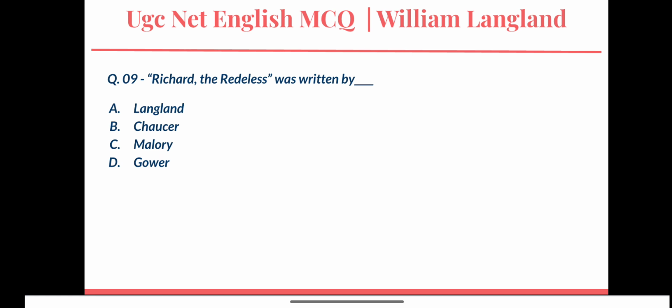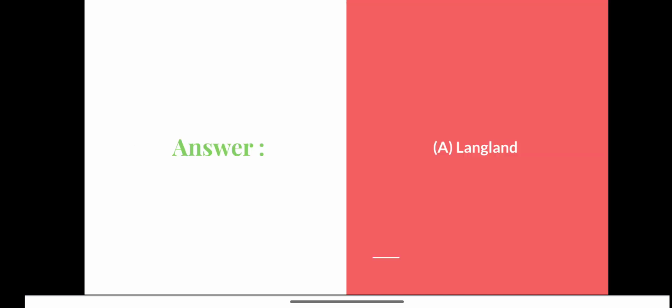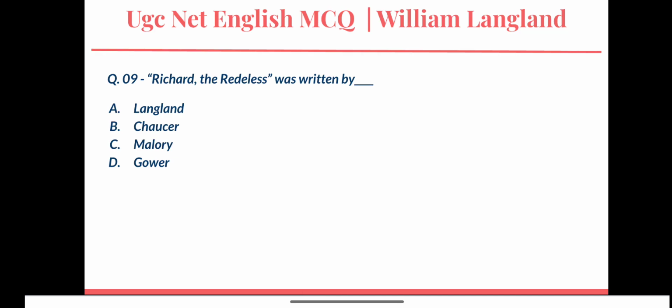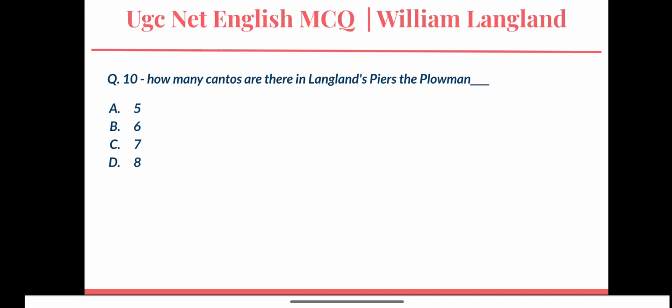Option C, Malory, that is Thomas Malory. And option D, Gower, that is John Gower. Okay, so the right answer to this question is, of course, option A, William Langland. So William Langland has written Richard the Redeless. Okay, I hope you remember this. And moving on to the next question.